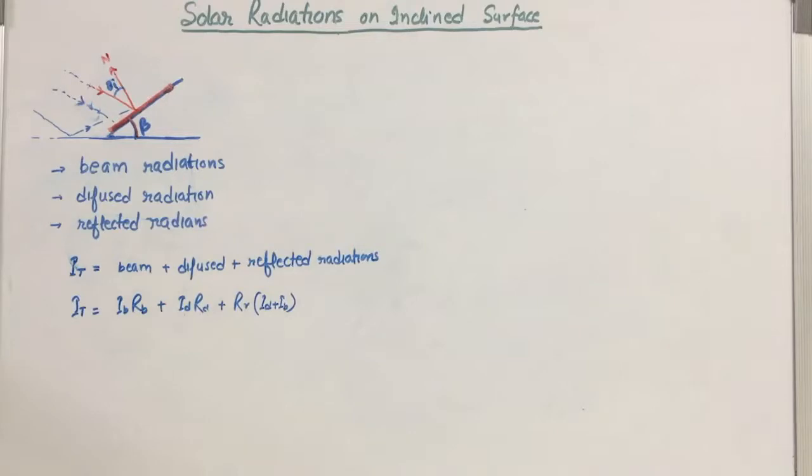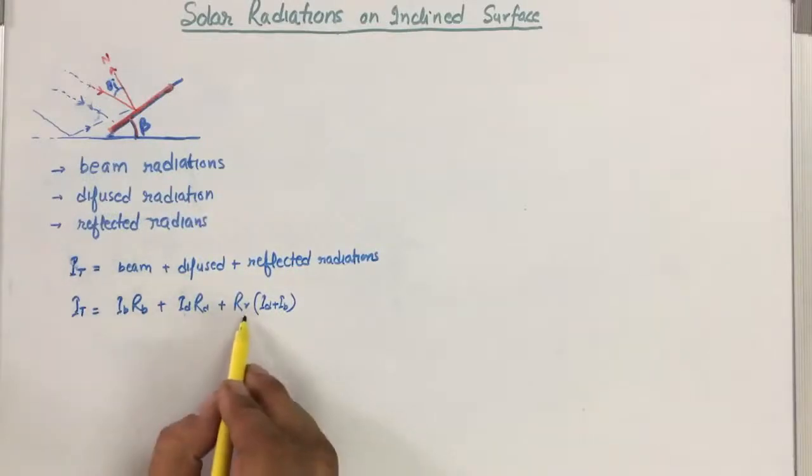This is the simple formula for the total radiations collected by this surface. These are just factors, so they are unitless.